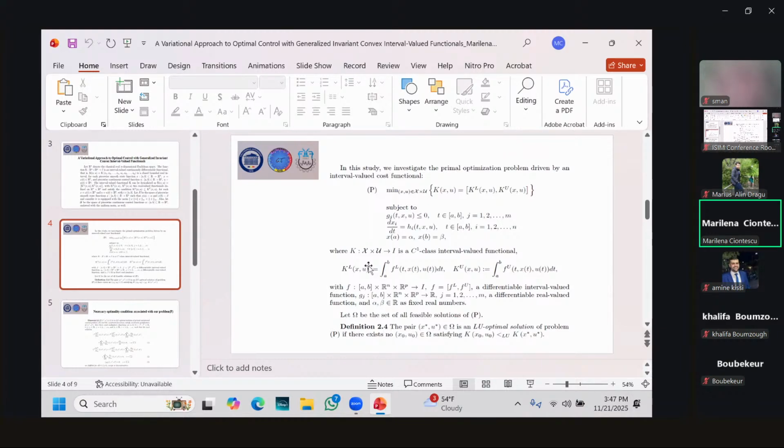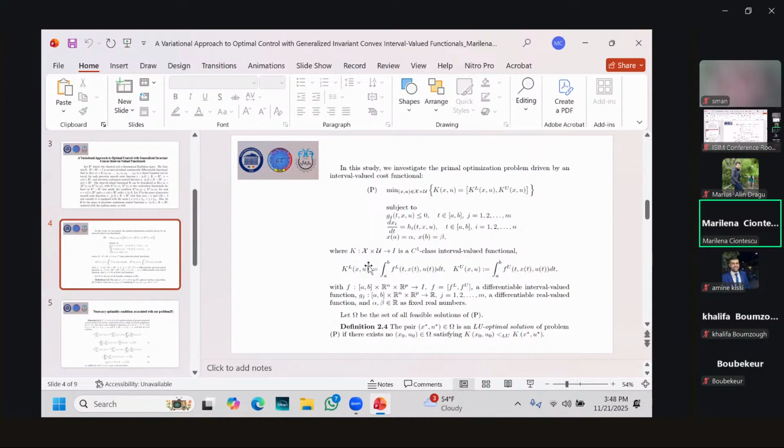The first one is an inequality, the second one is an equality, and the third one is a boundary condition, where K is a C1 class interval valued functional, and KL and KU defined like this are real valued with the same domain as our functional K, but with codomain the reals.